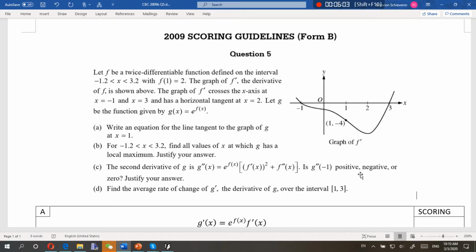e to the f of x is always positive, so the only thing that we see is f prime of x, which is the graph. So at -1, it changes from positive to negative. Okay.